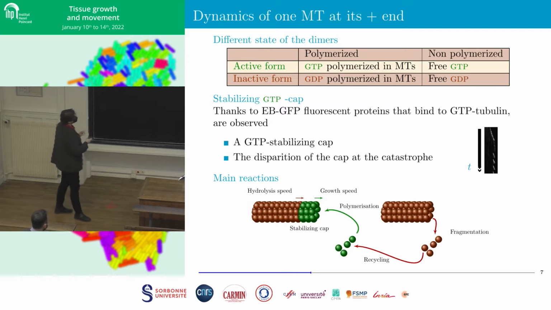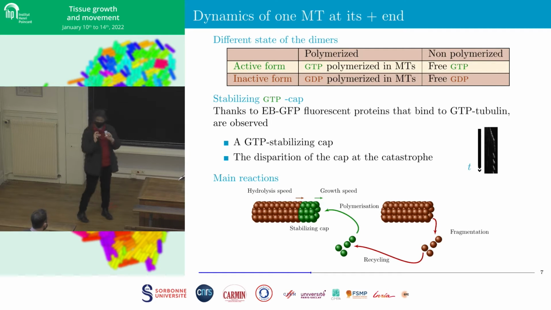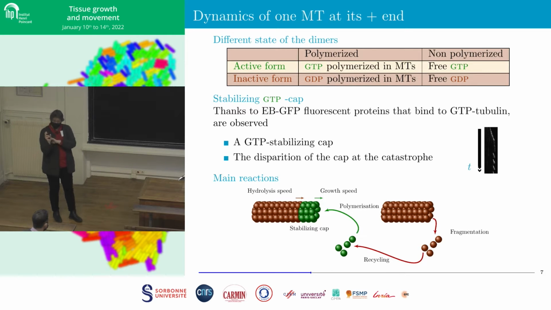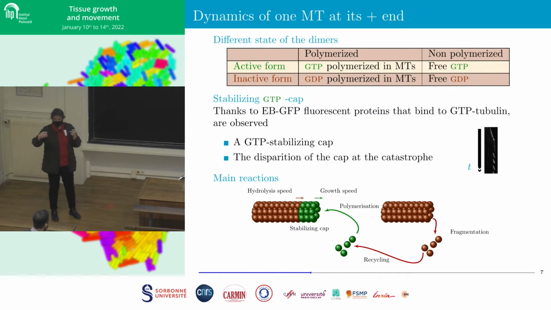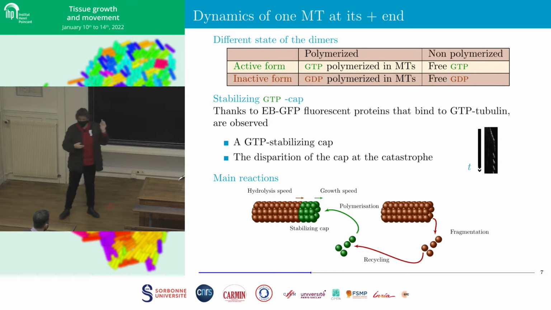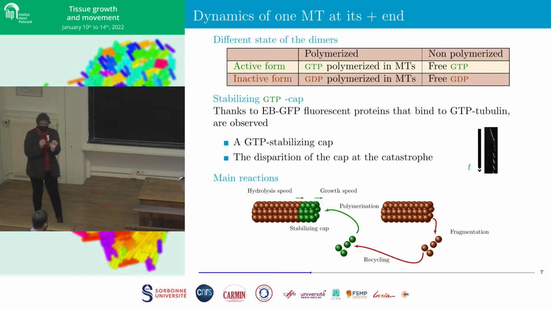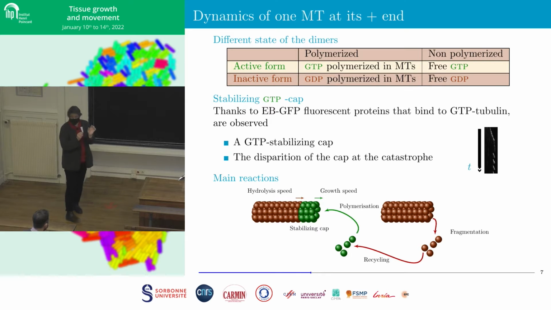What is known, in fact, is that this stabilizing cap is mainly made of the stable type of dimer, GTP. So if you simplify the vision of a microtubule, it can be seen as a tube made first of the unstable state of the dimer, the GDP, in red in the slide, and a stable cap, the stabilizing cap of the microtubule.